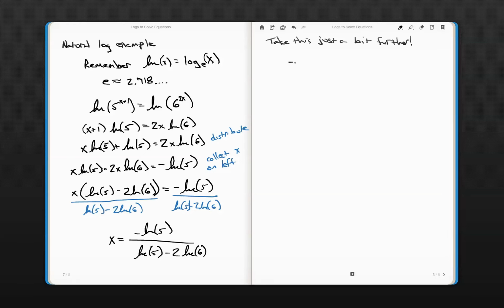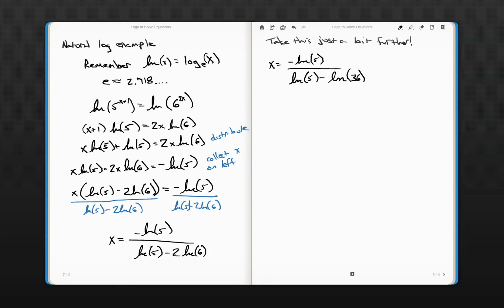I'm going to say that x equals negative natural log of 5 divided by, I can say natural log of 5 minus, whoa, how did I get that? Well, because I had 2 natural log of 6, I can put the exponent up top, right?